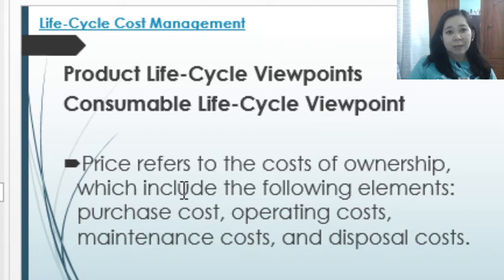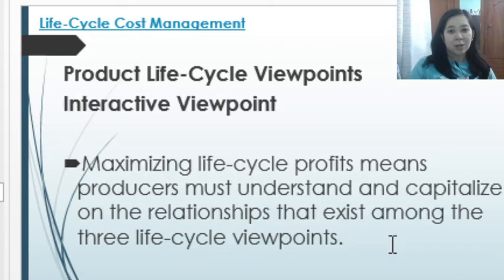Here it involves the price, which of course we all know is the cost of ownership. This includes purchase price or cost, operating cost, which we mentioned in the previous video lecture, the maintenance cost and the disposal costs.